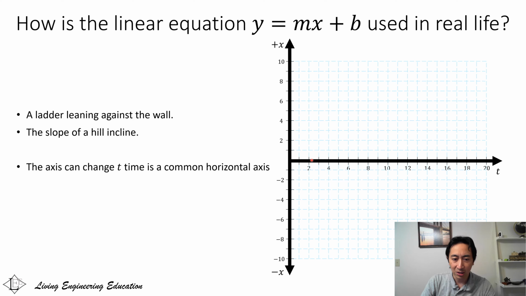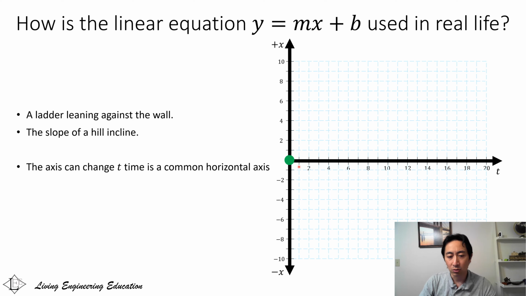So in a case like this, you might look at a toy car and you want to look at the position as it moves along. You would make a lot of assumptions if you say that it's modeled as a linear equation. One of the major assumptions you would make is that the speed or the velocity throughout this path remains constant and it's staying all along a single line.